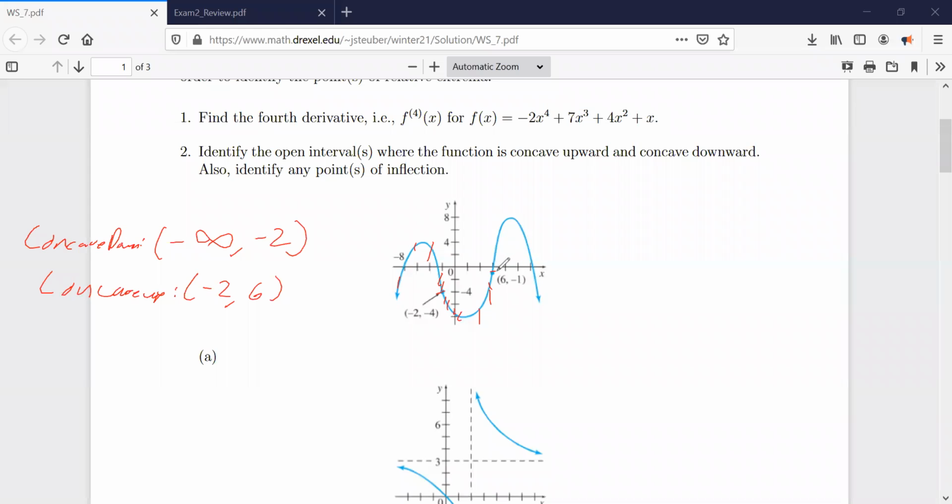And then from 6 on to infinity, hey, it's very steeply increasing, less steeply increasing. Suddenly it's decreasing. It's going to be concave down again from 6 to infinity. Does that make sense to everybody? It's an important concept. Good.